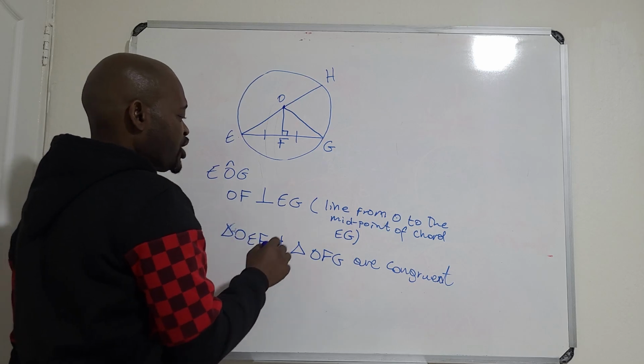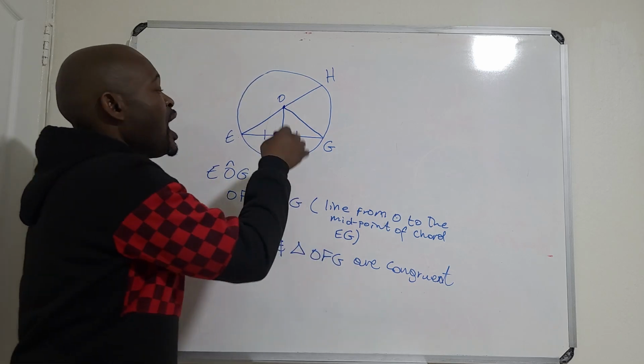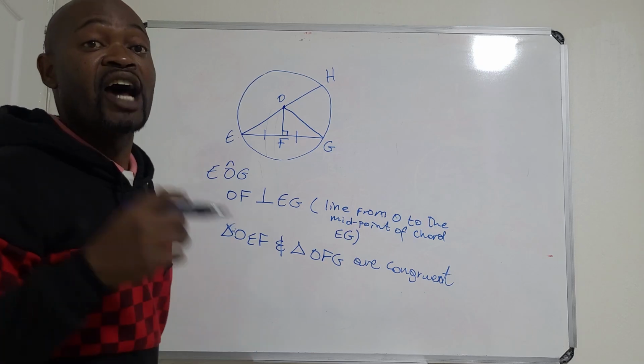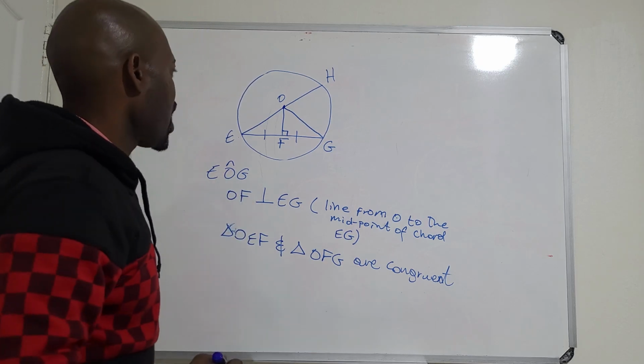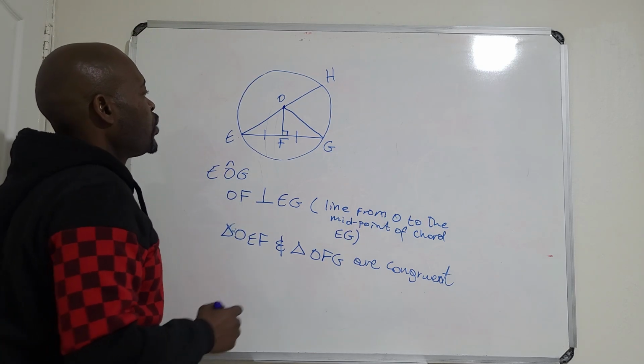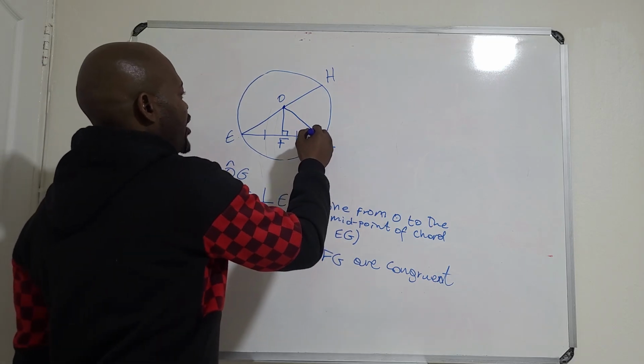Triangle OEF and triangle OFG are congruent, and they are right-angled triangles. Now, we can find this angle there.